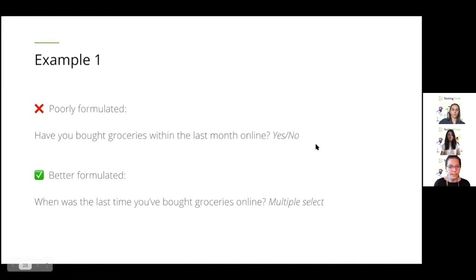So a better formulated question would be, when was the last time you bought groceries online? And then give them a time period and accept the answers within the last month.